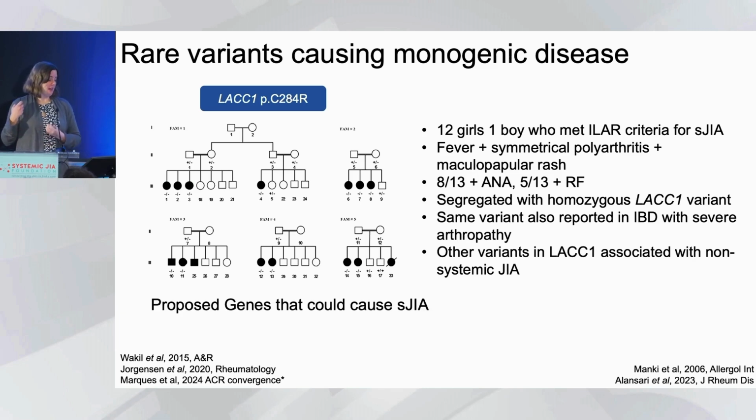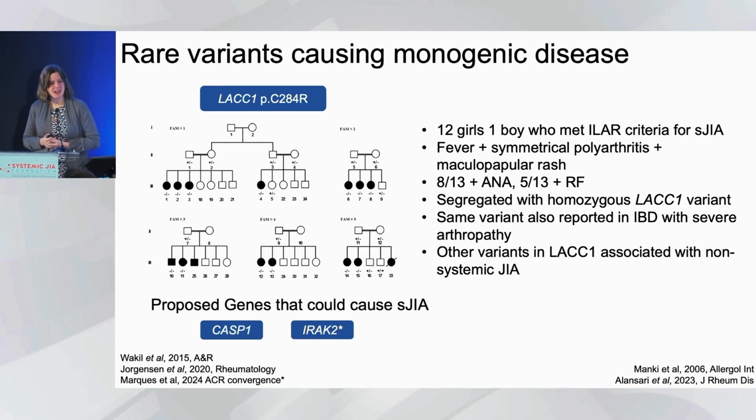There have been some other genes that have been proposed to be causative of SJIA with some case reports. There was a case report of a caspase-1 variant in a patient that was paternally inherited. There was some functional data, but it was an N of 1. We have an abstract at ACR if you want to check it out, where we found a patient with homozygous IRAK2 variants that we think are very likely to be driving disease in that patient.